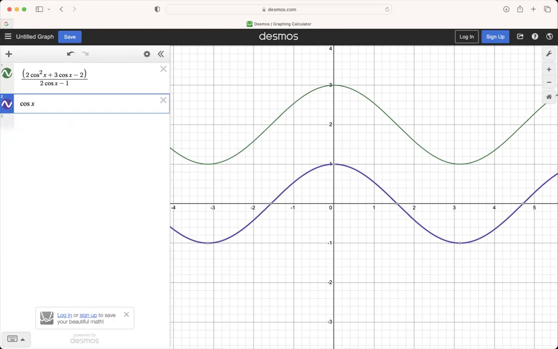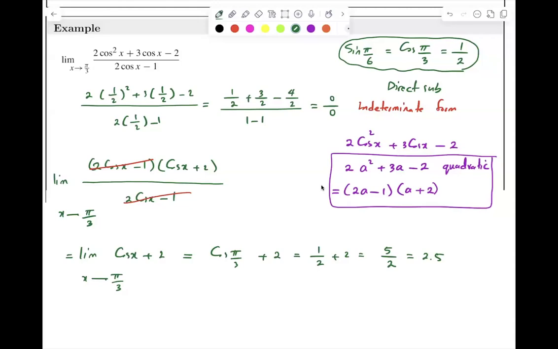When we did all the algebraic simplification, we took this function and simplified it into cosine of x plus 2. These two functions are exactly the same. So instead of finding the limit of the first function, we found the limit of the second function.